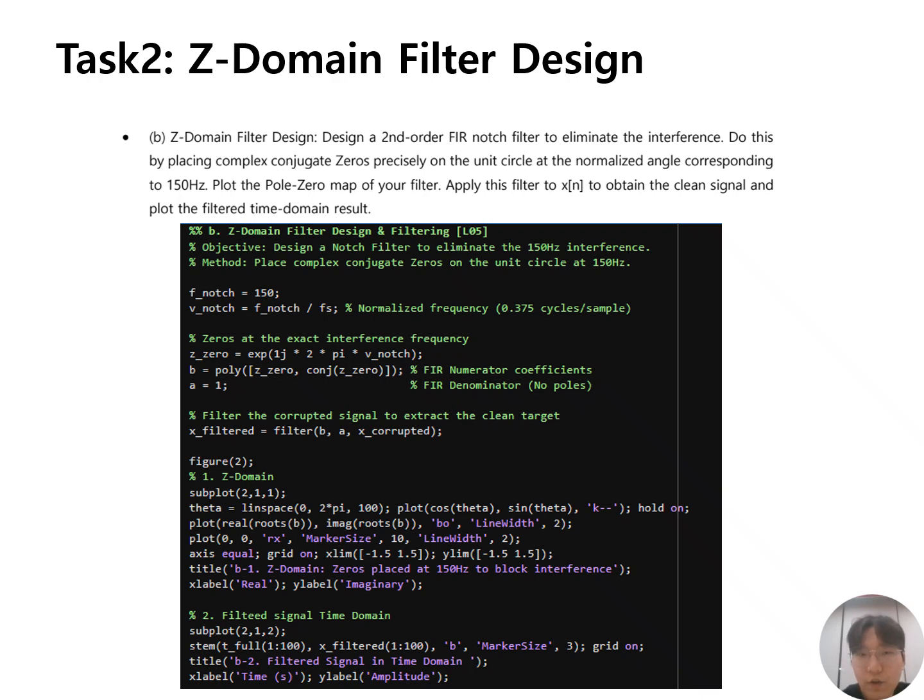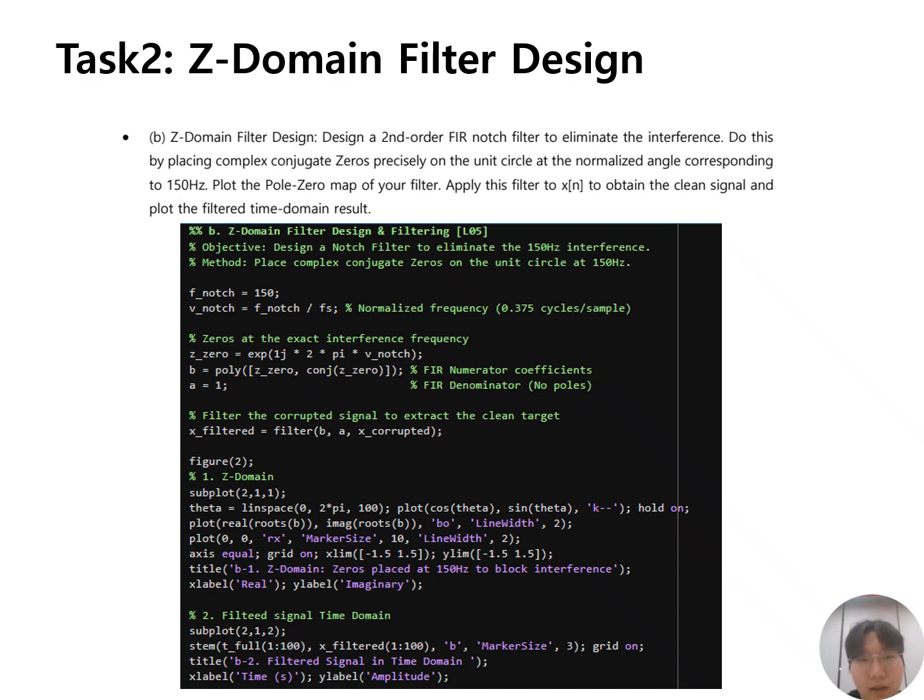Then, using Euler's formula, I place complex conjugate zeros precisely on the unit circle at this exact angle for eliminating 150 Hz. The poly function generates the FIR numerator coefficient b, and the denominator a is just 1.